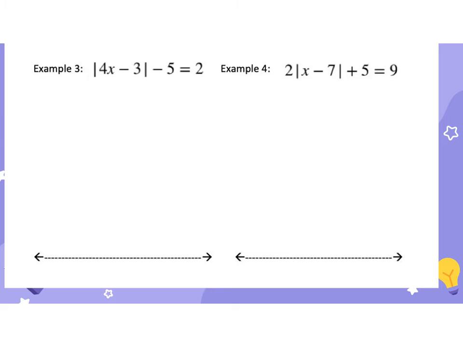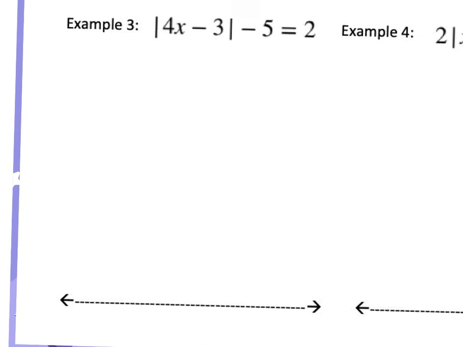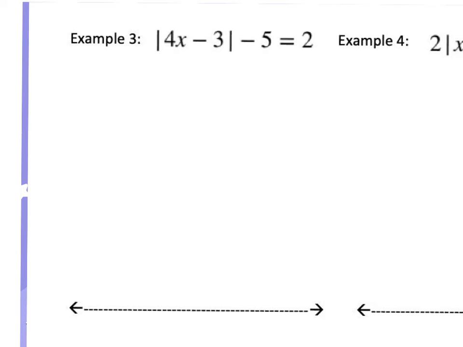Moving right along to examples 3 and 4. Okay, let's look at example 3 first. Go ahead and try this one on your own. So pause here, try example 3 out. Okay, you should have added 5 on both sides.